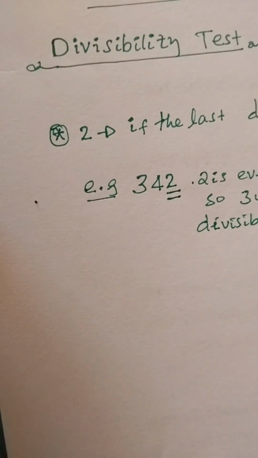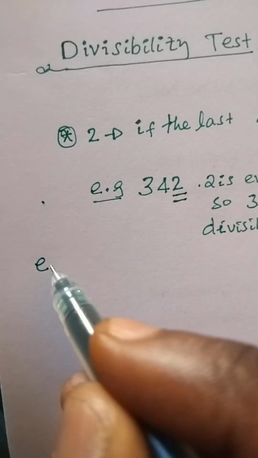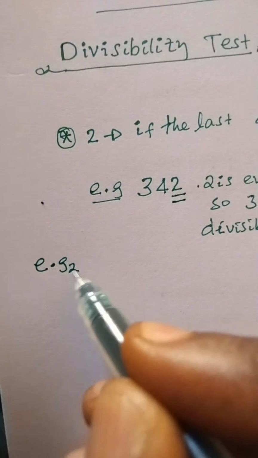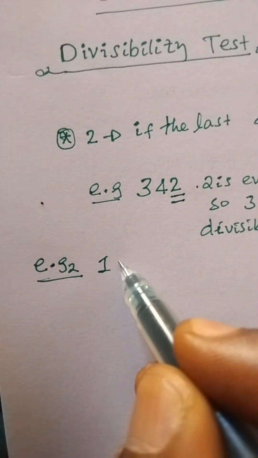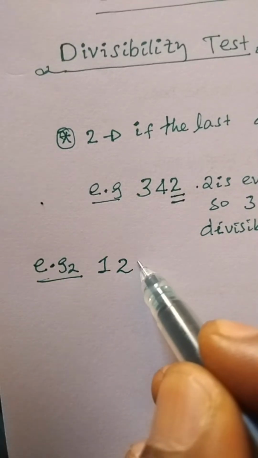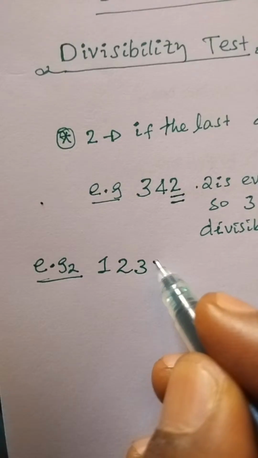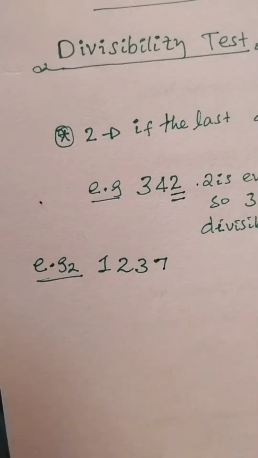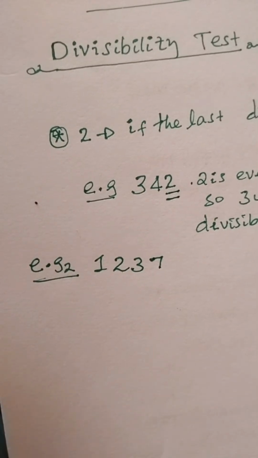Okay, another example. Let's say 1237. Is this number divisible by 2?